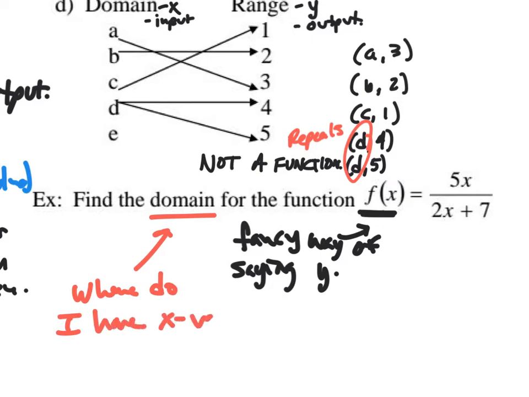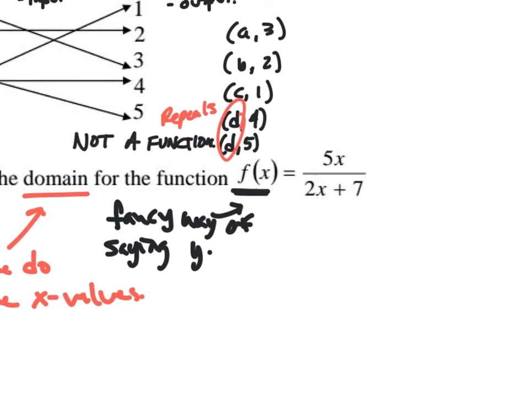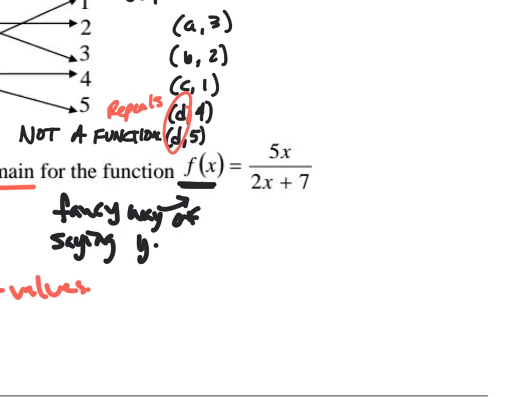So now I have this equation, f of x is equal to 5x divided by 2x plus 7. This is what I call a rational function. We're going to talk all about these. If I wanted to find the domain of this function, I take my denominator, which is 2x plus 7, and set that equal to 0.